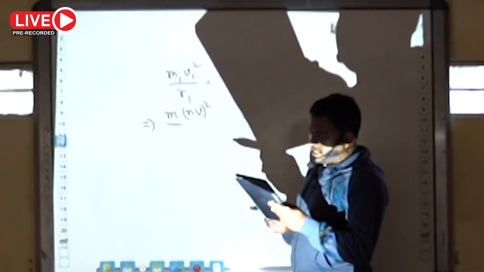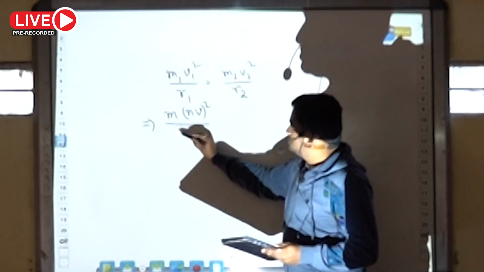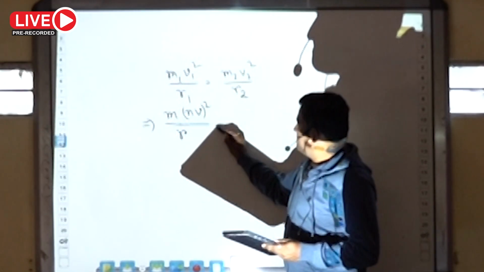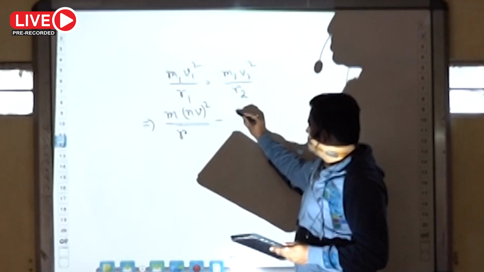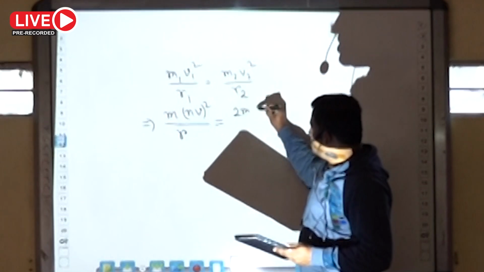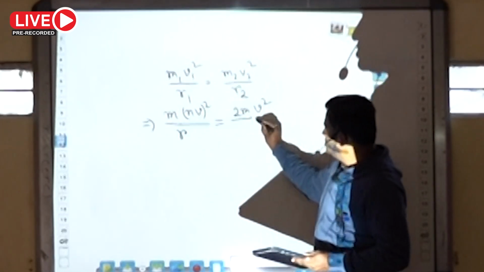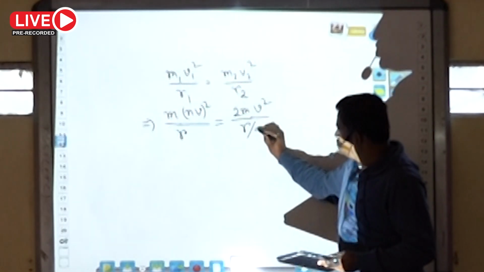Heavier stone's radius is r by 2. So this is 2m v square divided by r by 2.